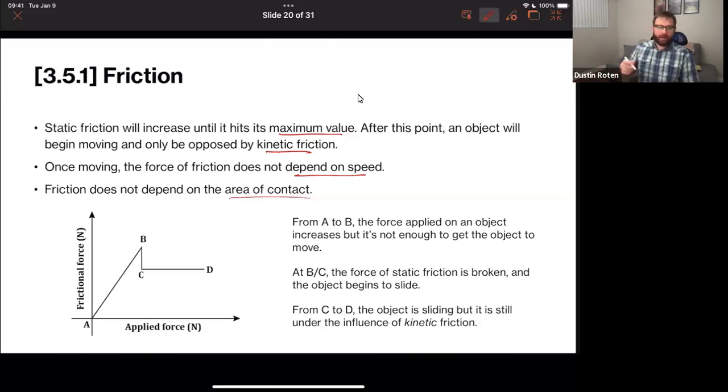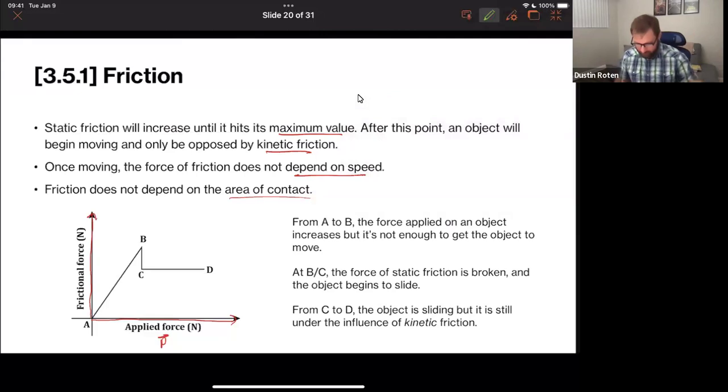So let's look at a plot, and think about how it applies to friction. This is going to be my push, like from the previous example. I'm increasing my push, pushing stronger and stronger. And pushing back on me is my frictional force, so we'll label this my resistive force.